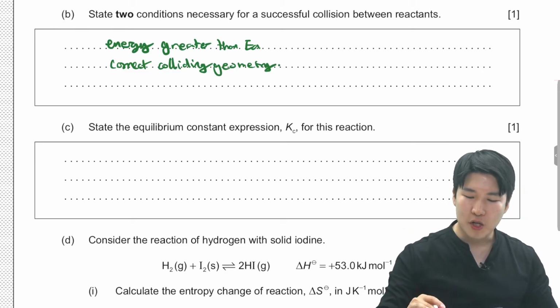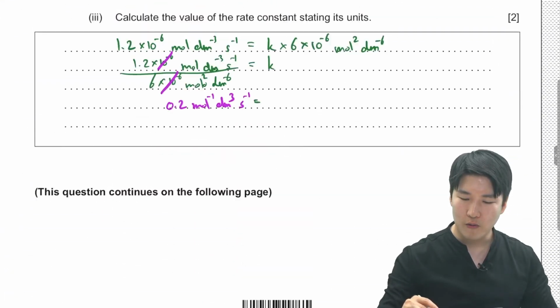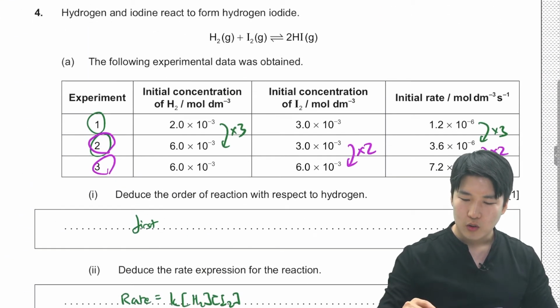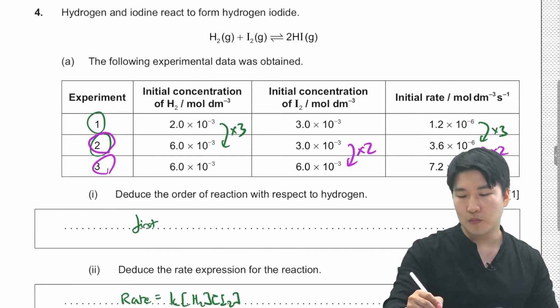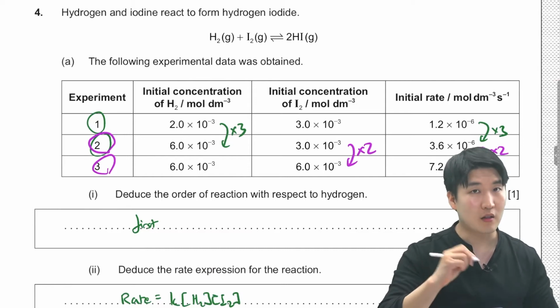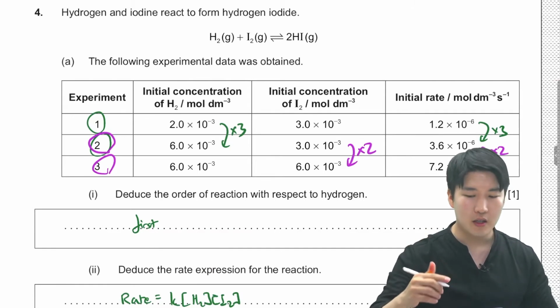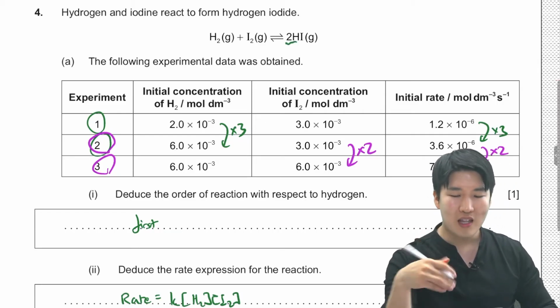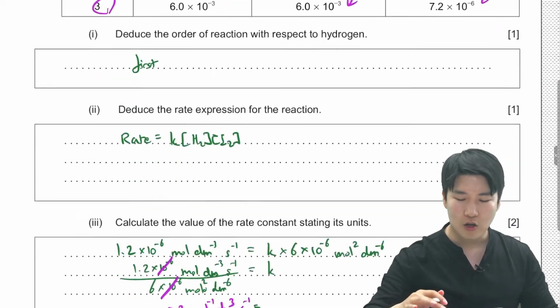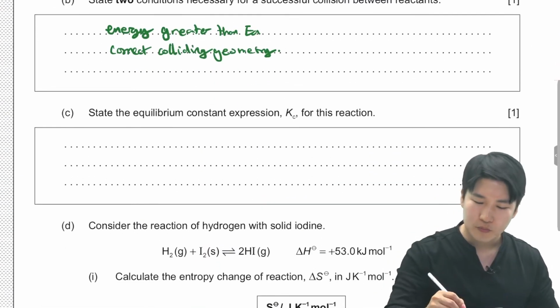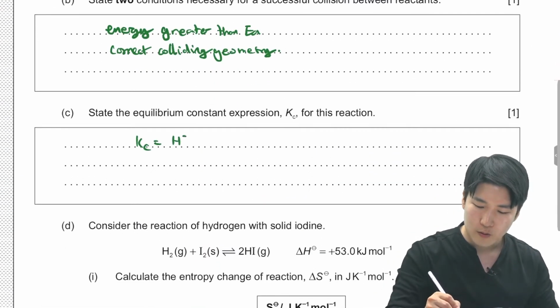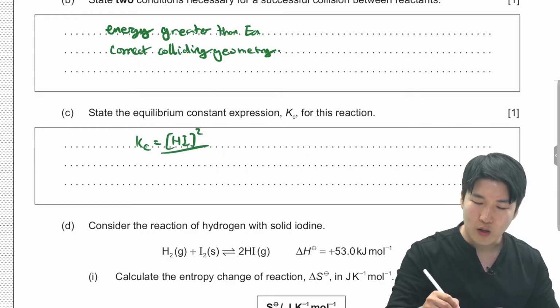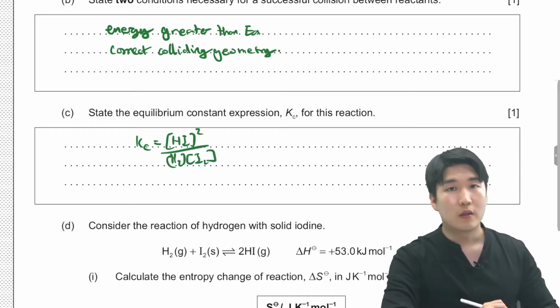Equilibrium expression Kc for our reaction would be product concentration over reactant concentration, therefore [HI]. Let's not forget the coefficient of the product, 2, therefore [HI] squared, over [H2] and [I2].